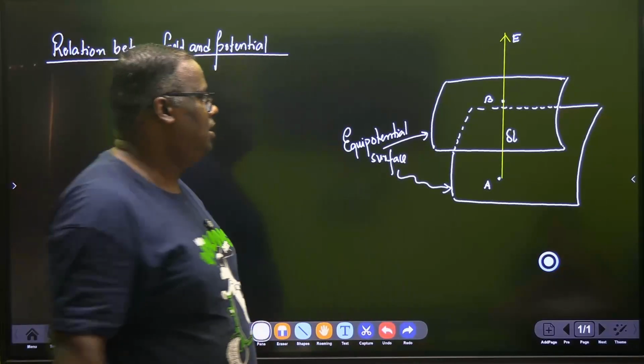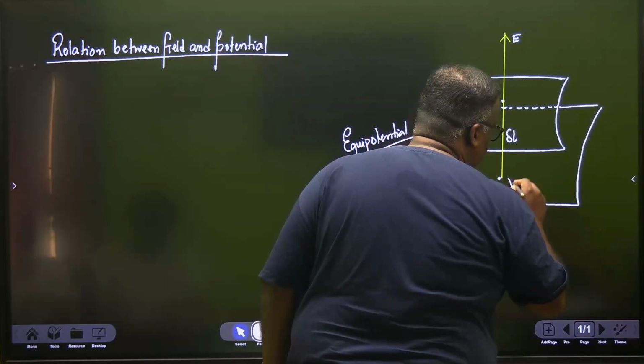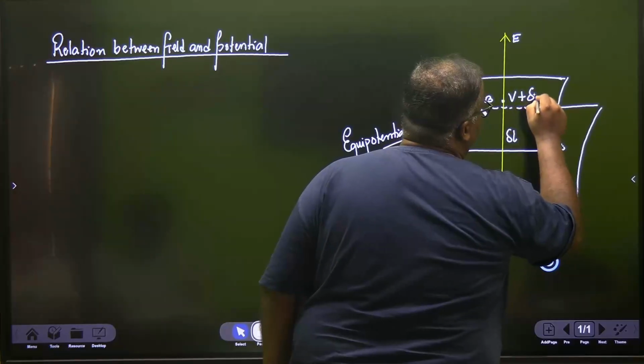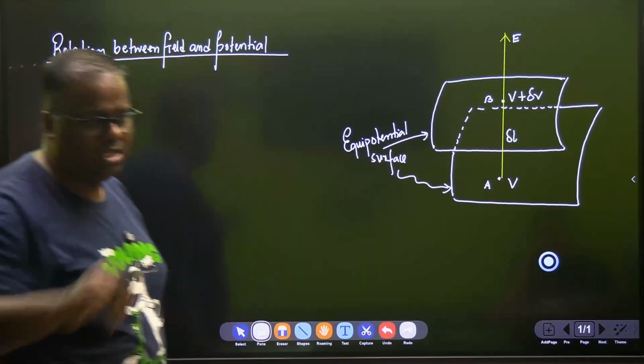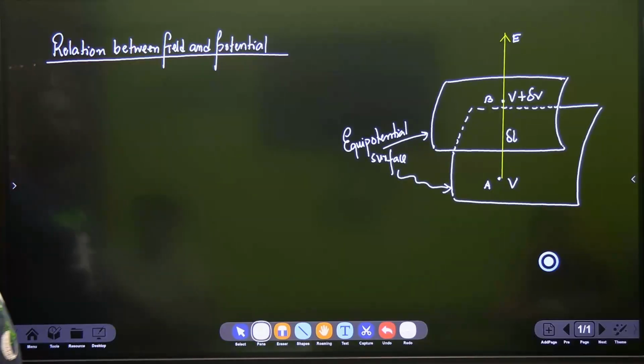Now listen, the book is saying that the potential at A is taken as V, and the potential at B is taken as V plus del V. Now this is not that NCERT is wrong. This is what we have to understand, right? Just understand.